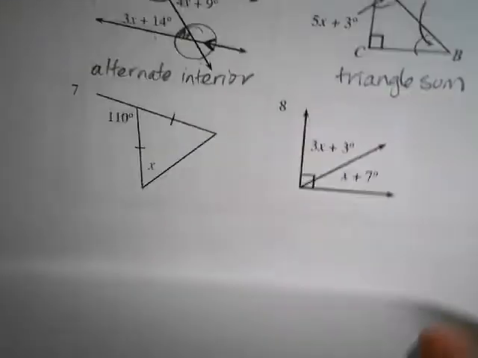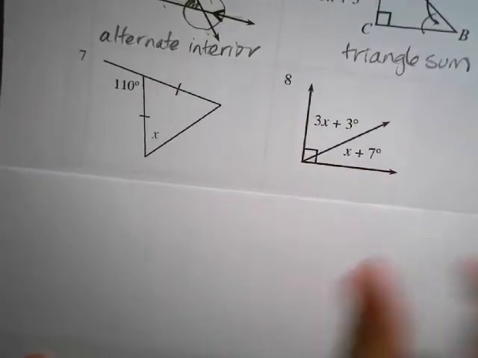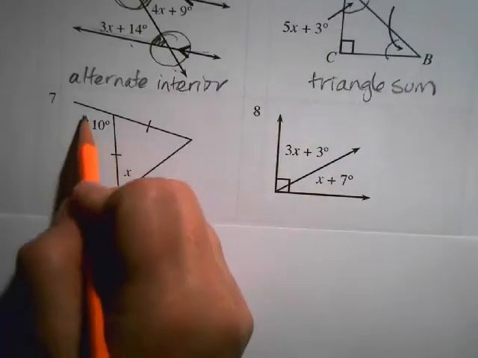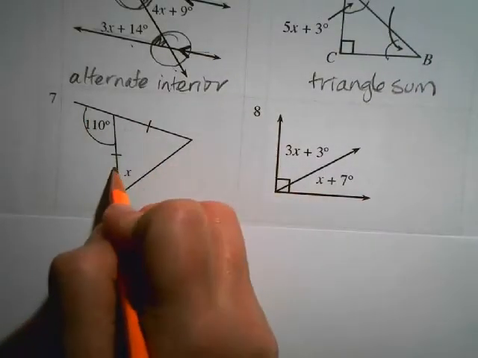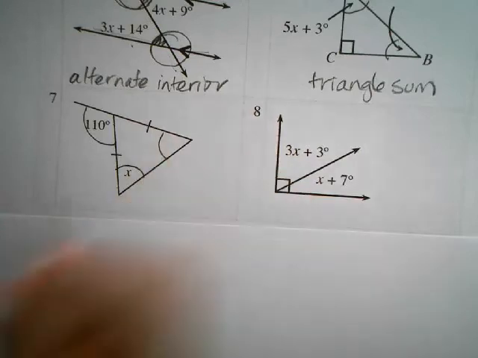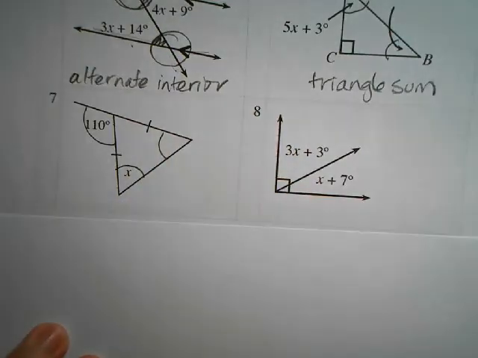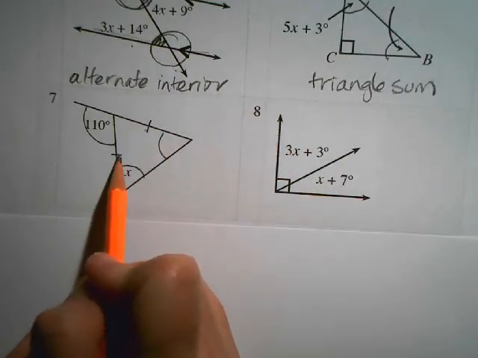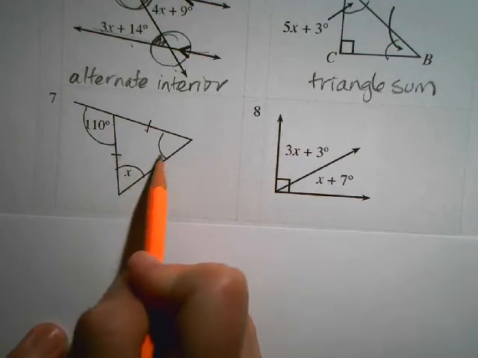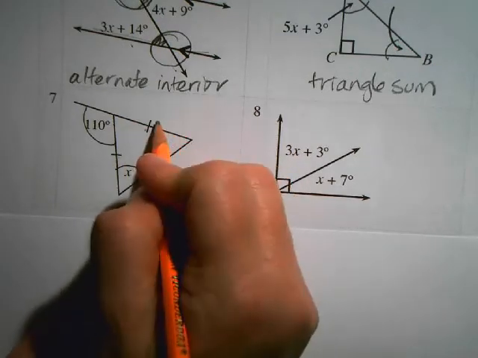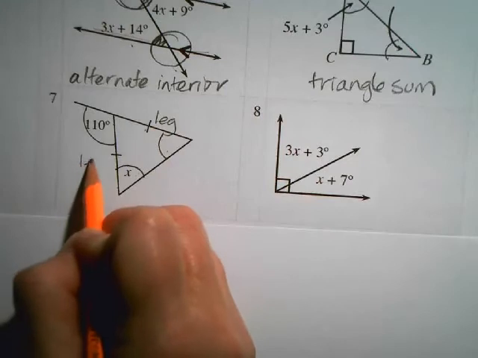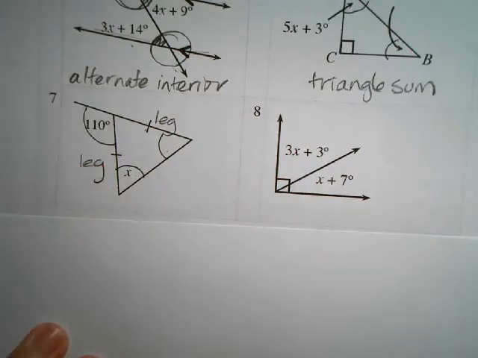Number 7, we have another exterior angle. So I know it's going to be equal to the sum of these 2 remote interior angles. And I've got an isosceles triangle. So I know the base angles. These are, by the way, in an isosceles triangle, the 2 sides that are equal are called legs.